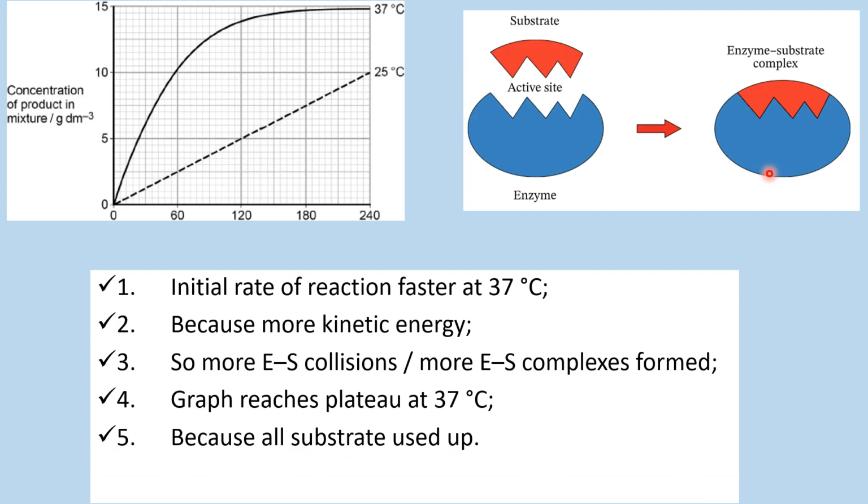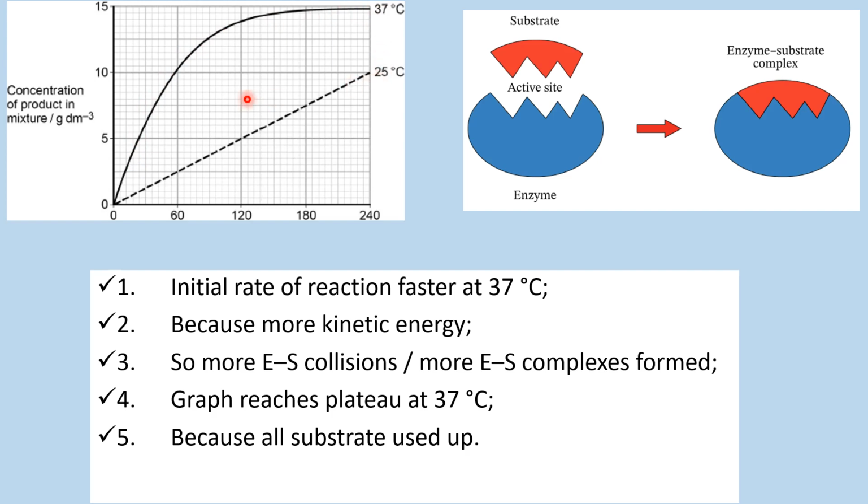Okay, so let's go through our answers. This is the mark scheme. It's a 5-mark question. Initial rate of reaction is faster at 37. If you look at these two curves, we're comparing both of them. Now, it would be incorrect to say that the rate of reaction is faster at 37 and slower at 25.